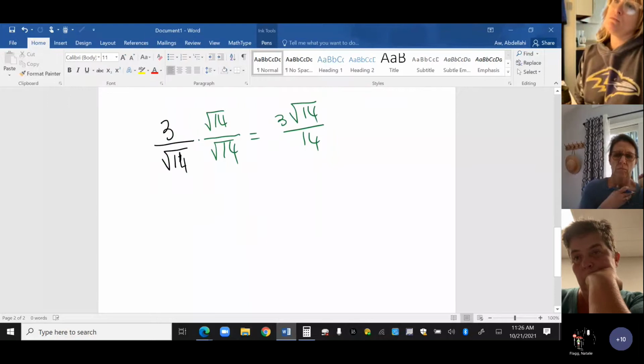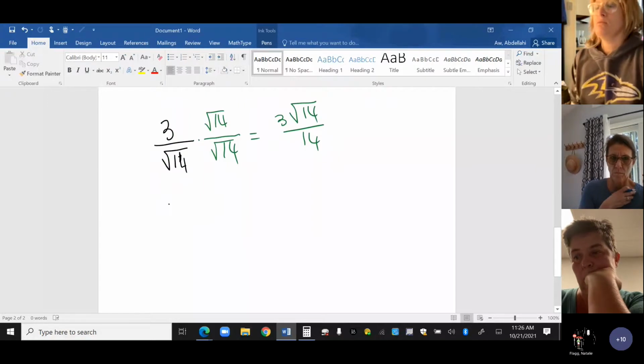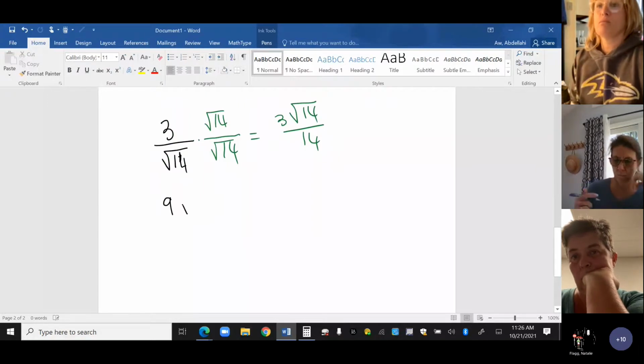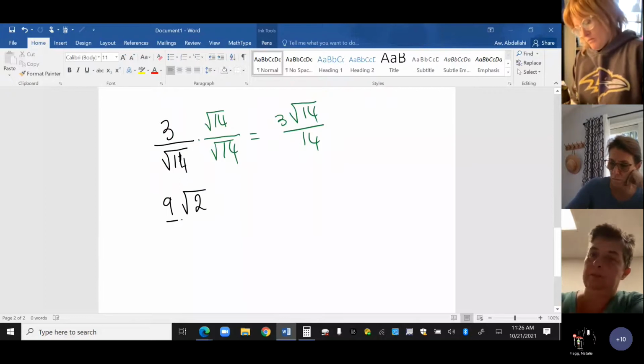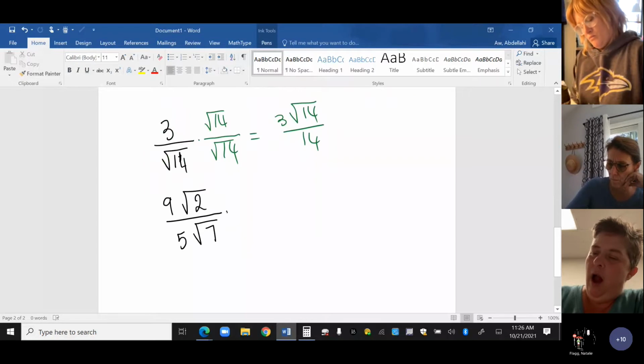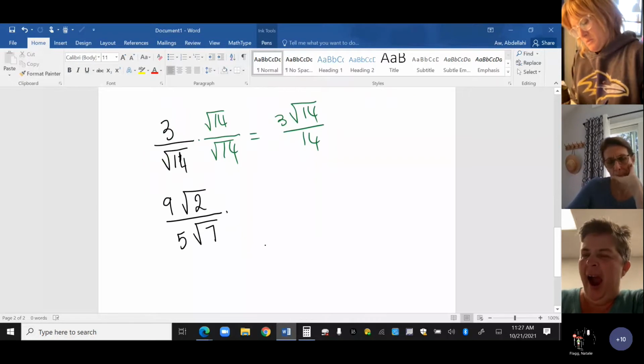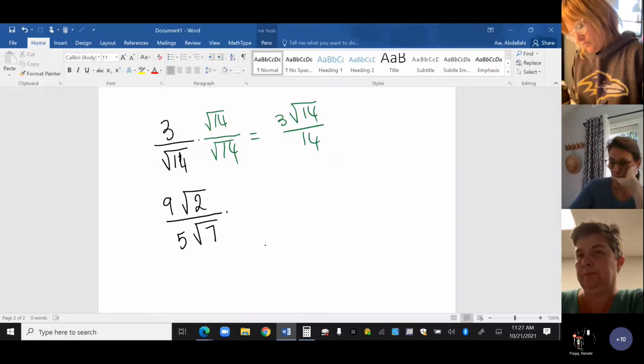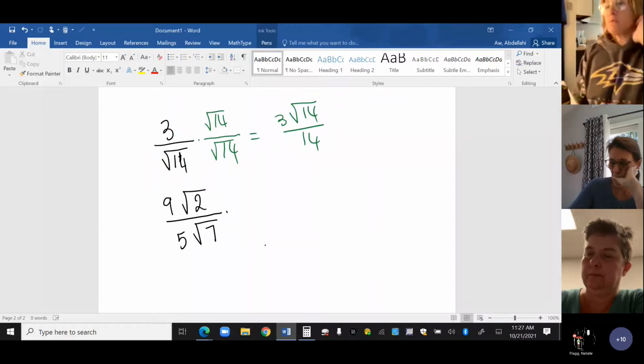When I see something like that in the test, I don't overdo it. So we say 9√2 divided by 5√7, right? My decision is it motivated by the square root of 2 or by the square root of 7?